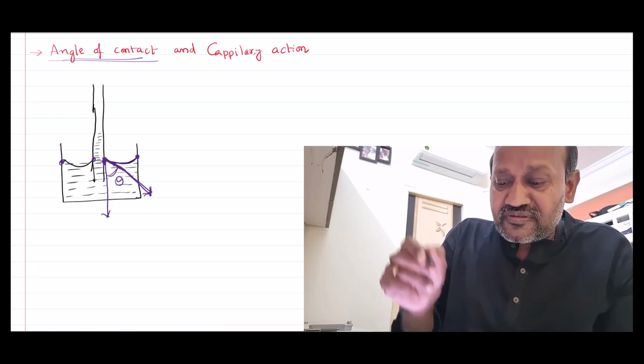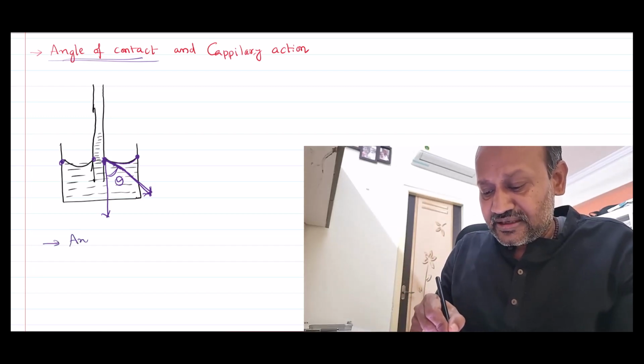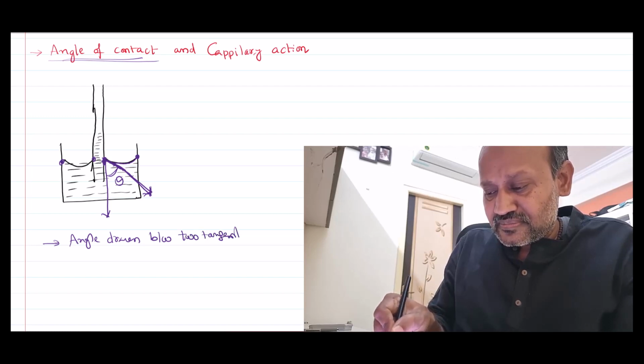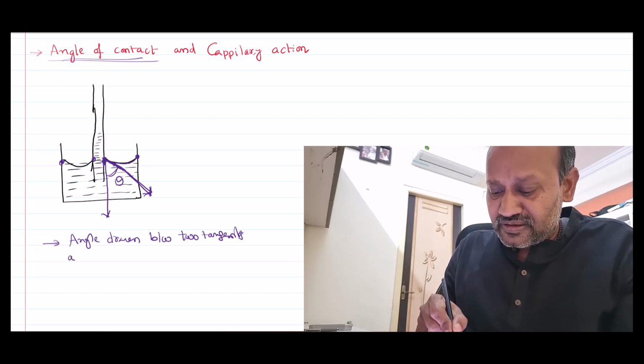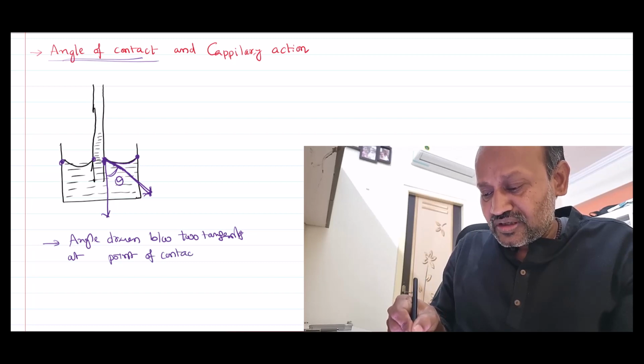So how shall I define angle of contact? It is the angle drawn between two tangents at the point of contact. How are the two tangents, sir?